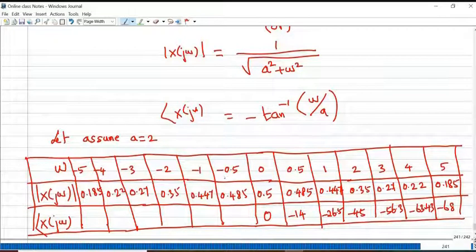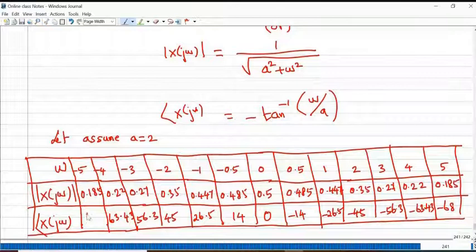Negative values of omega will give the reversal: you will get 14, 26.5, 45, 56.3, 63.43, 68. Okay, so verify this result with the help of your calculator.